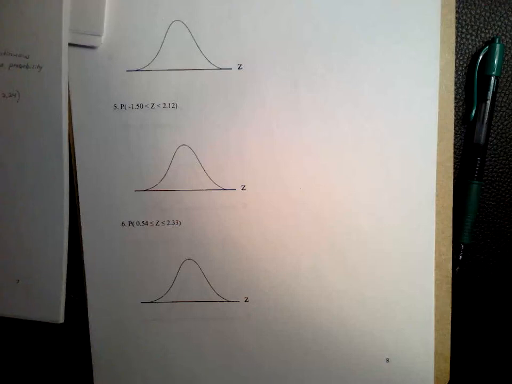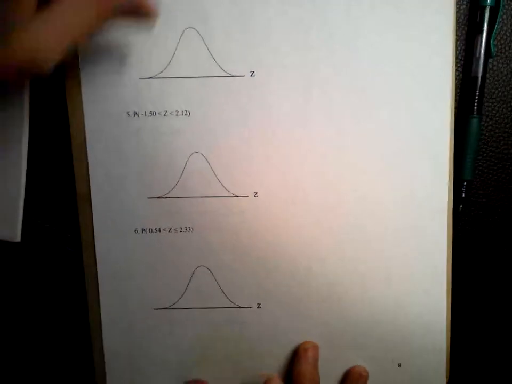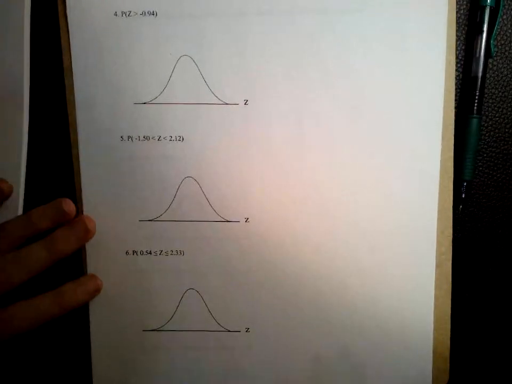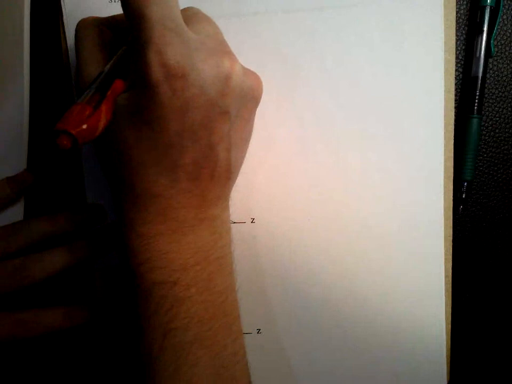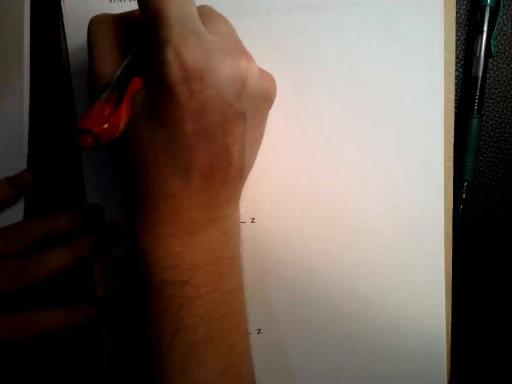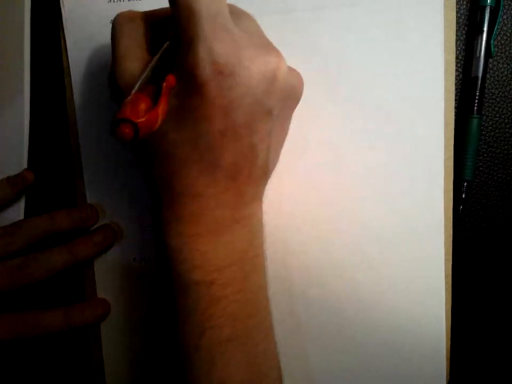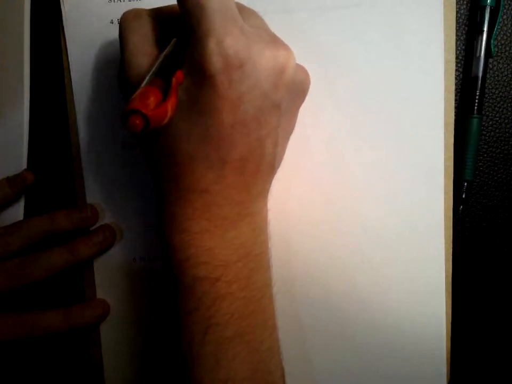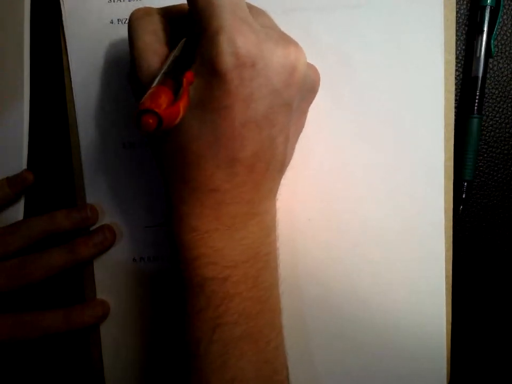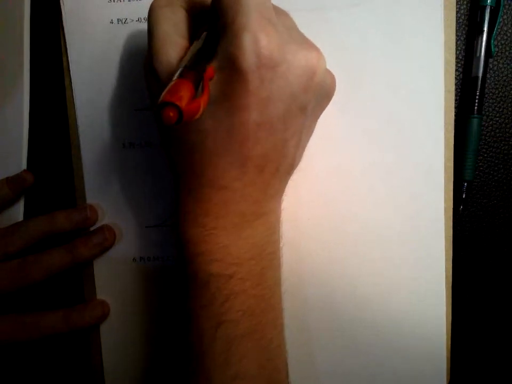Using that same idea, let's look at this next example. The probability of z being greater than negative 0.94. Using that same idea we had on the previous page, this would be equal to 1 minus the area to the left. So that would be the area of z being less than or equal to negative 0.94.